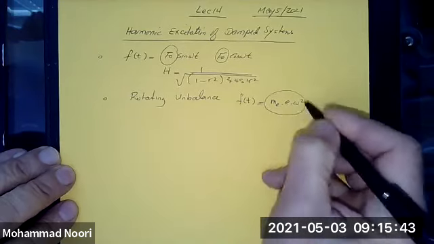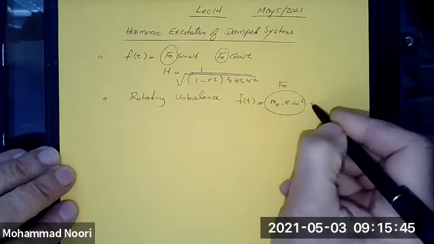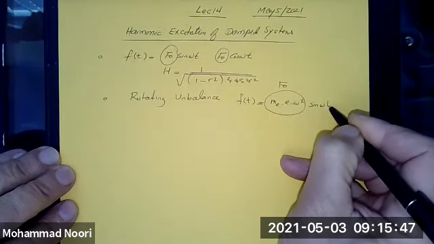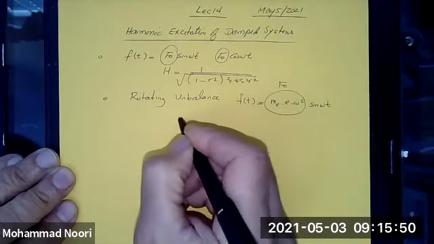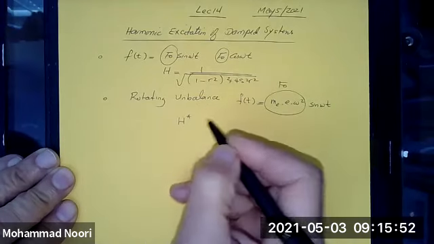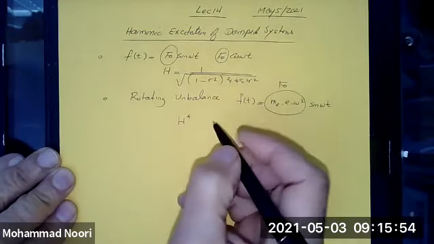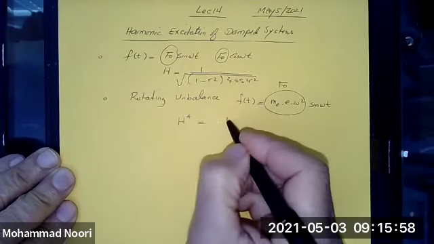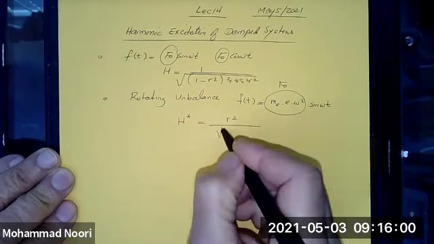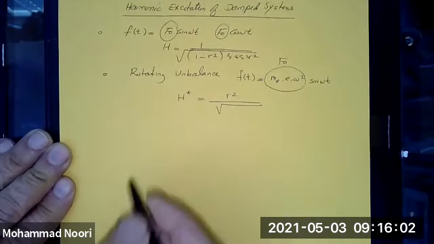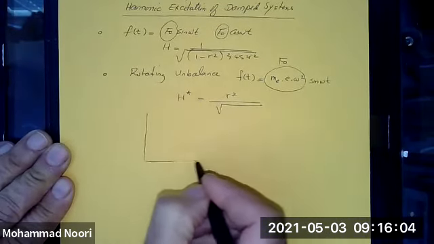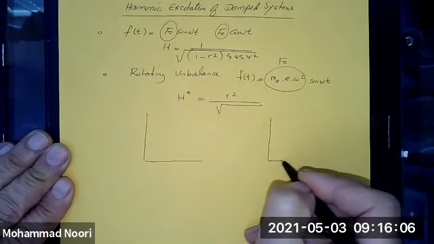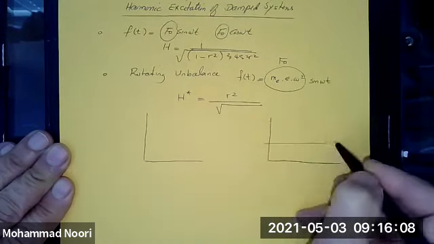So this is F naught times sine omega t, and the equivalent of the frequency response function was this, right?